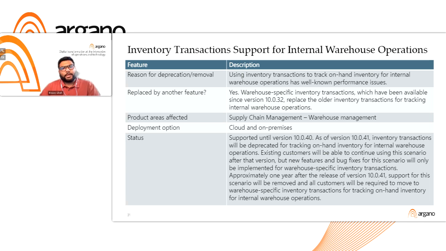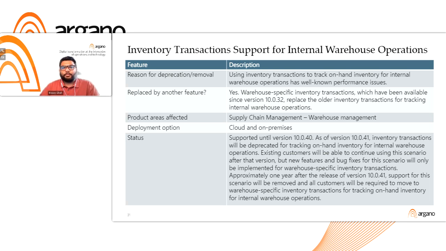It is replaced by another feature: the warehouse-specific inventory transaction, which has been available since version 10.0.32, replaces the old inventory transaction for tracking internal warehouse operations. The status is that it is supported until version 40. As of version 41, inventory transactions will be deprecated for tracking on-hand inventory for internal warehouse operations.